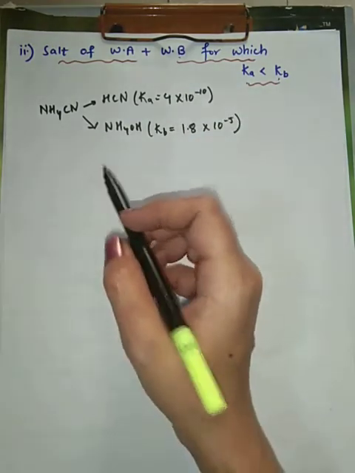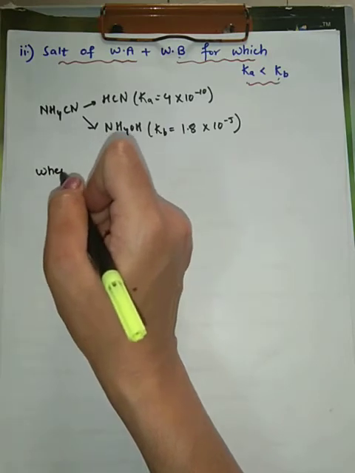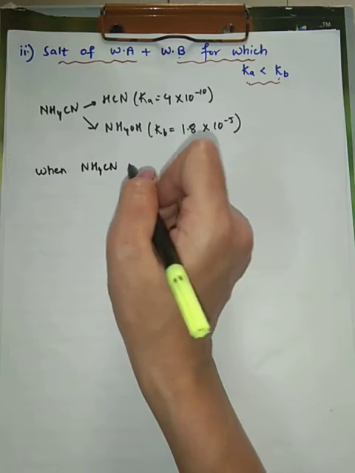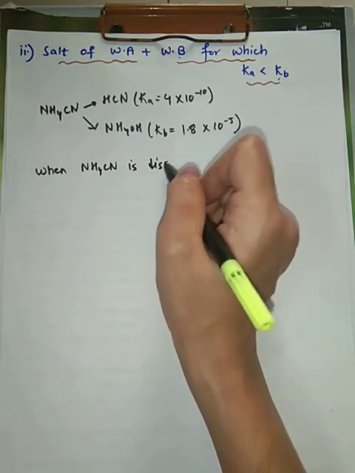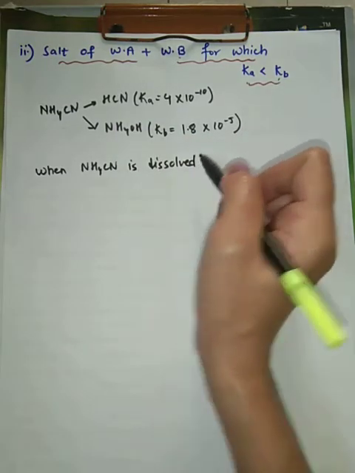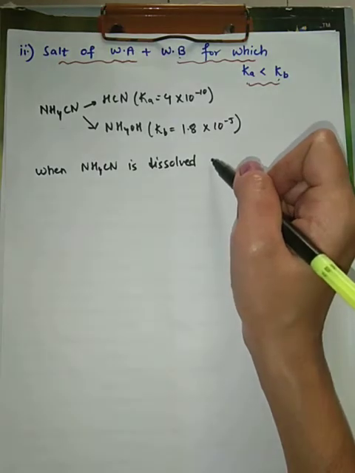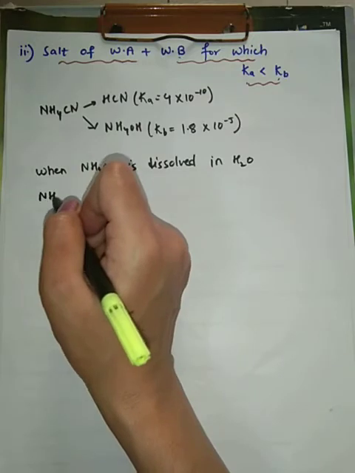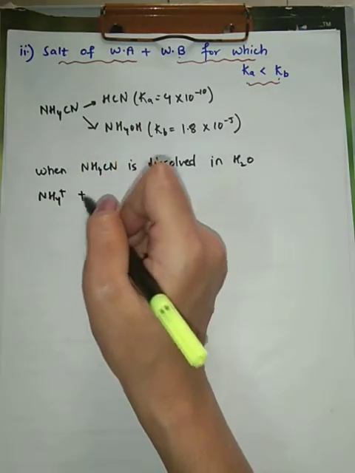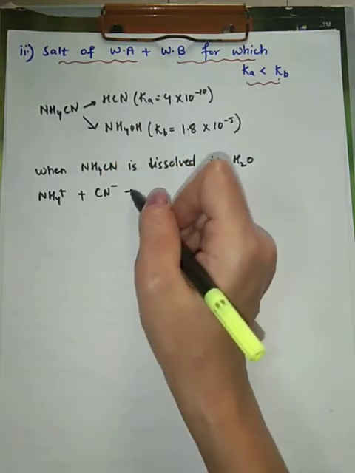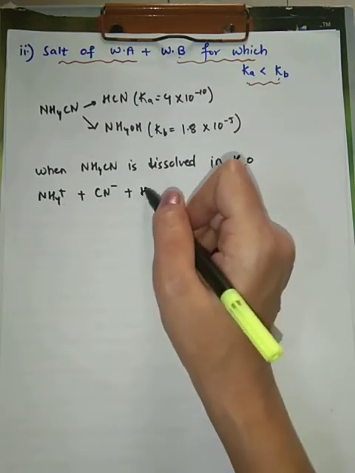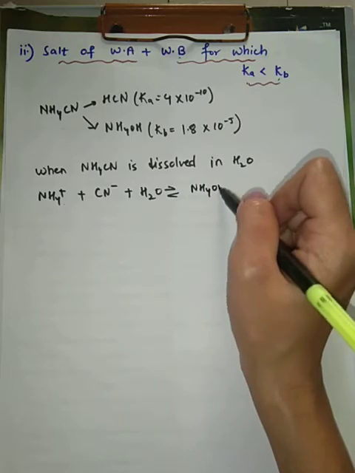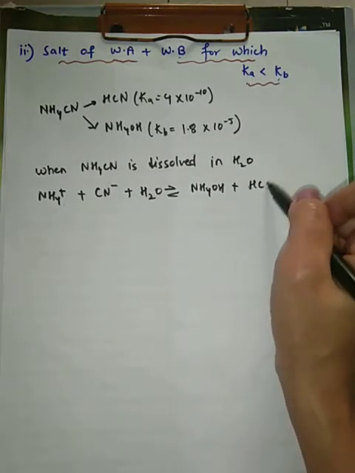Now when this salt, ammonium cyanide, is dissolved in water, what equilibrium reaction will we have? Let us see how we will write it. The cation as well as the anion of the salt will get hydrolyzed in water to form NH4OH and HCN.